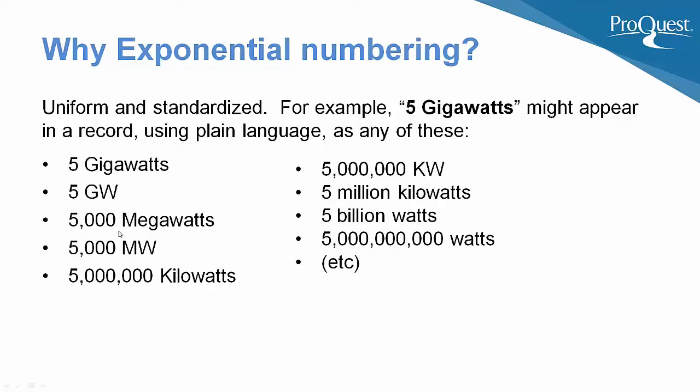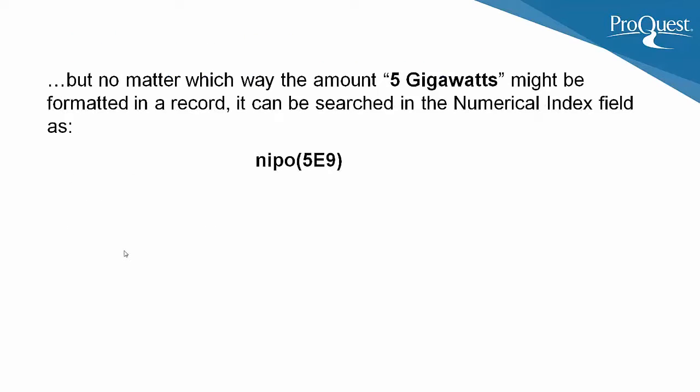Or in context, if the article was talking about various things in megawatts, it might not say 5 gigawatts, it might say 5,000 megawatts, or 5,000 MW, or any of these other variations. And we don't want to have to do a search that ORs together all of these different possibilities, when instead we can go with this standardized format like this.